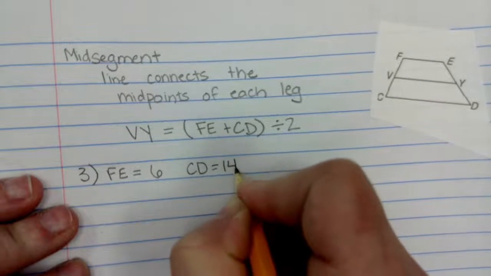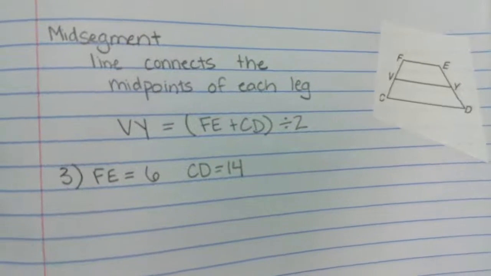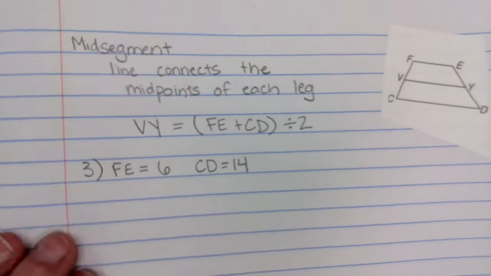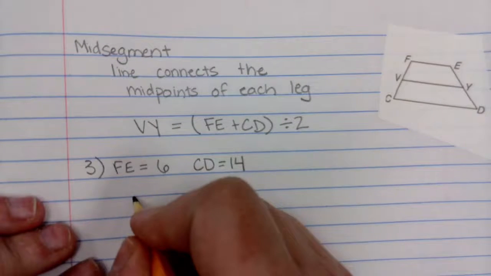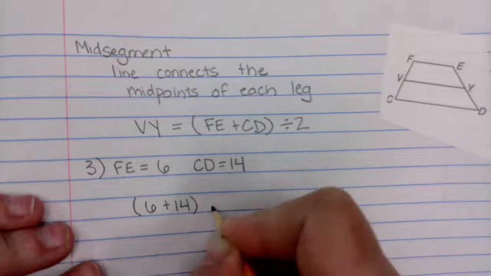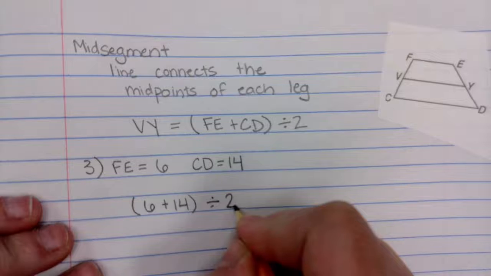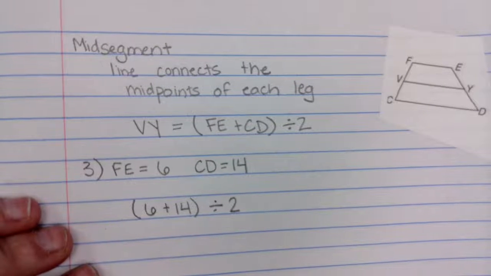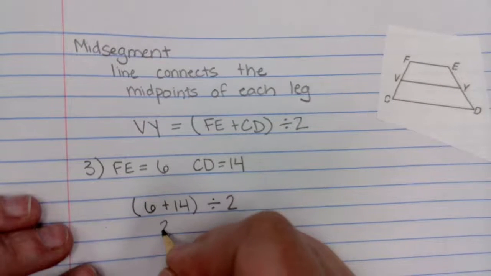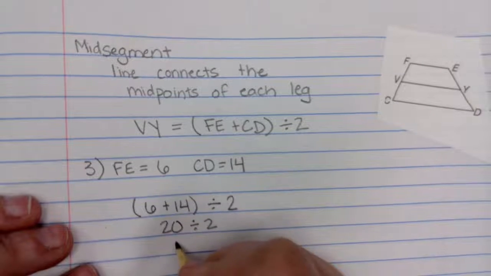Good, we're going to do 6 plus 14, and then divide by 2. So what is 6 plus 14? 20. And 20 divided by 2, 10. So VY equals 10.